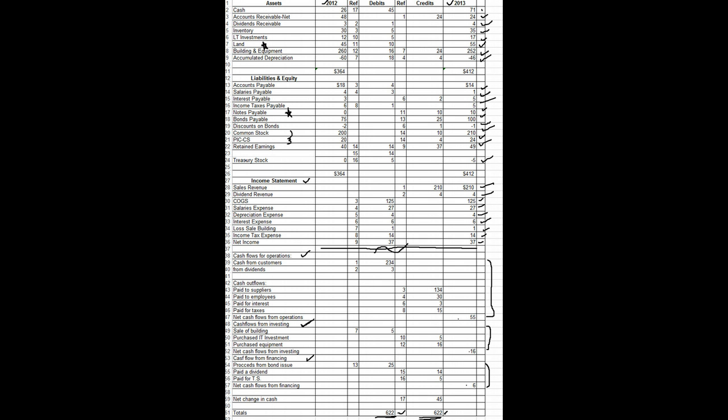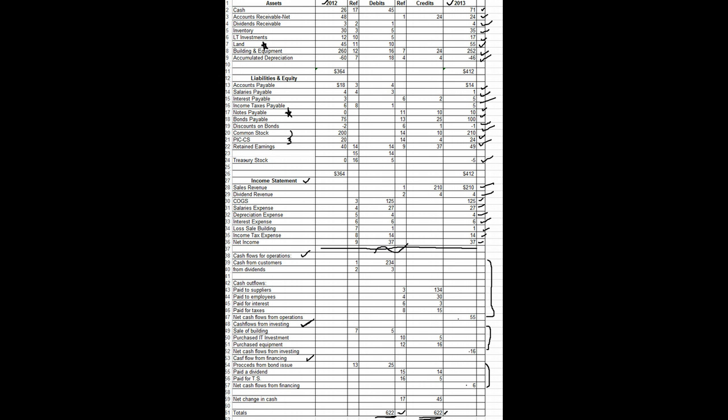And if every account ties across, then you know your worksheet will be complete and accurate when you make it. If you're out of balance, you need to find the journal entry that's wrong, and that's why I numbered them 1 through, I think, 17, so they were linked together.